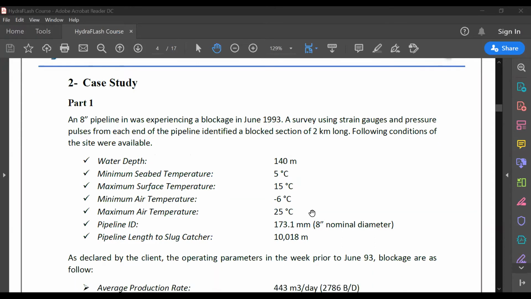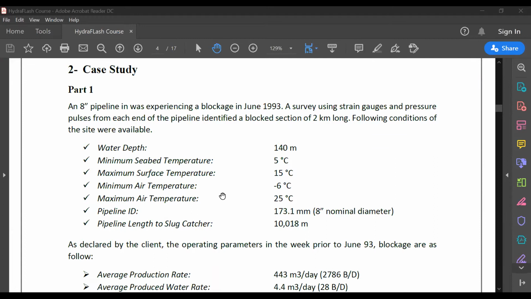So the problem is that an 8-inch pipeline was experiencing a blockage in June 1993. A survey using a strain gauge and pressure pulses from each end of the pipeline identified a blocked section of 2 kilometers long. The following conditions of the site are available. Water depth was 140 meters.